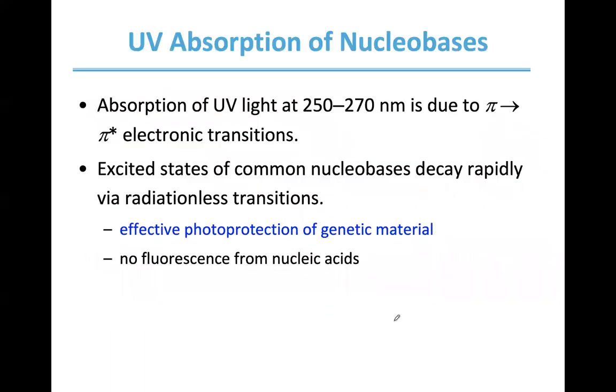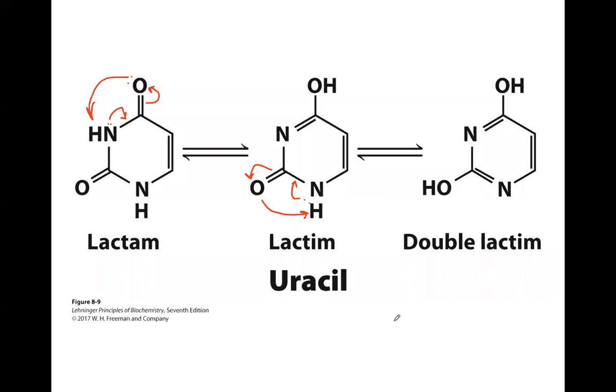Is there a way to control between like going just to one lactim or to the double lactim? If there's a way to control it, like how do you stop it at just the lactim if you want it?